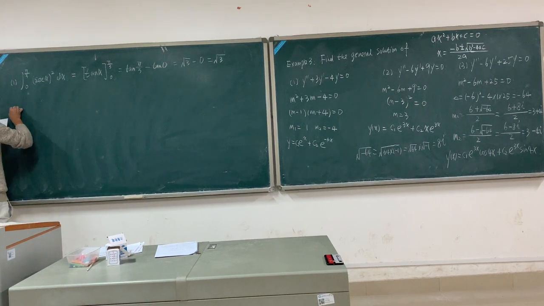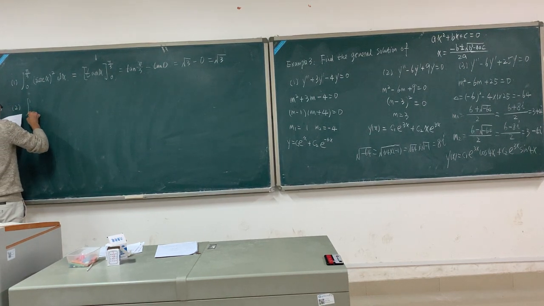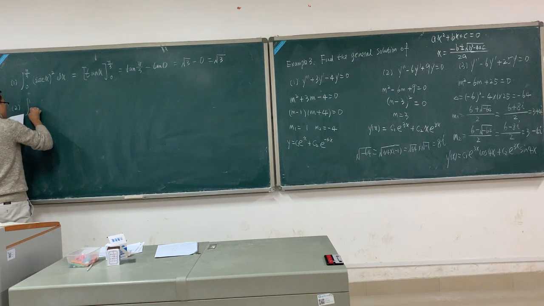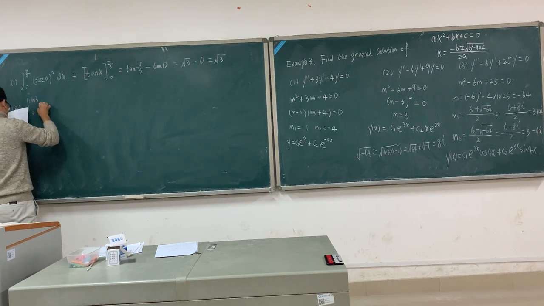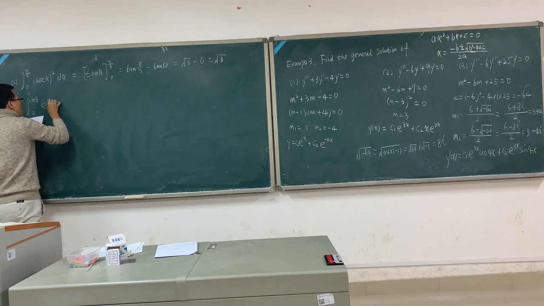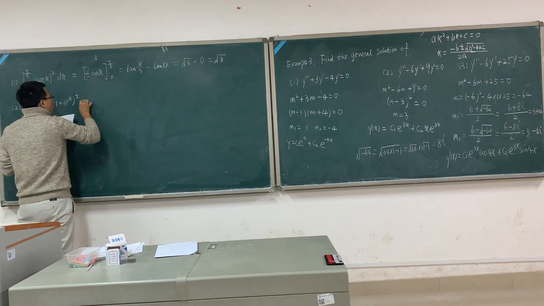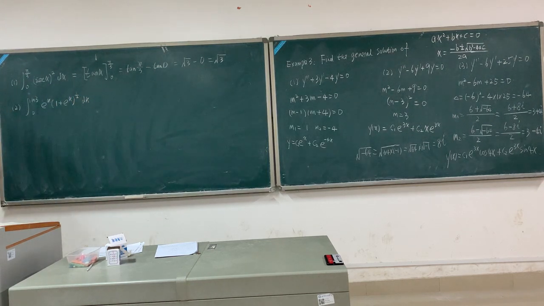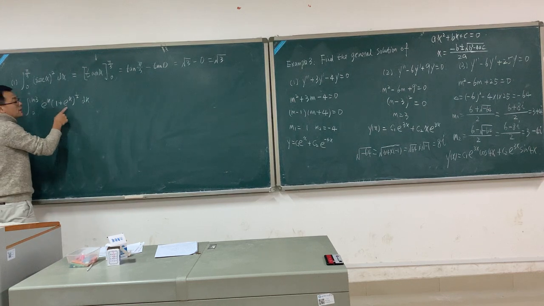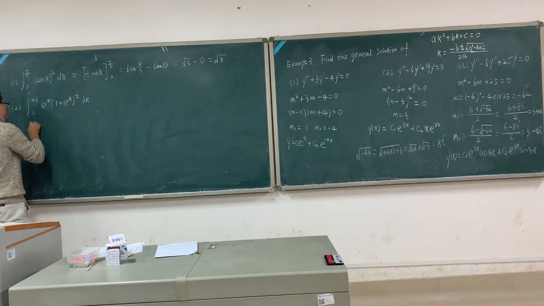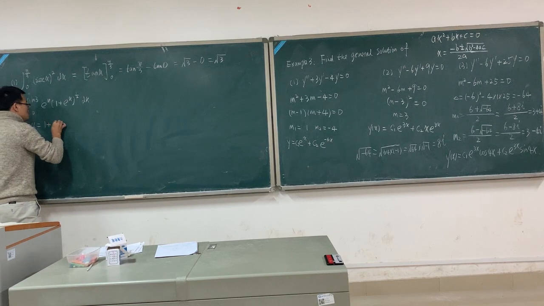The second one is the definite integral from 0 to log 3 of e^x times (1 plus e^x) to the half power dx. For this one, I want to test the u substitution. Let u equal 1 plus e^x.